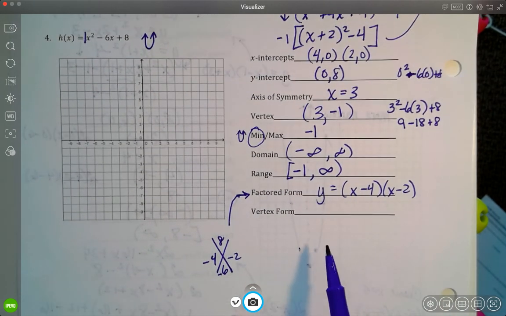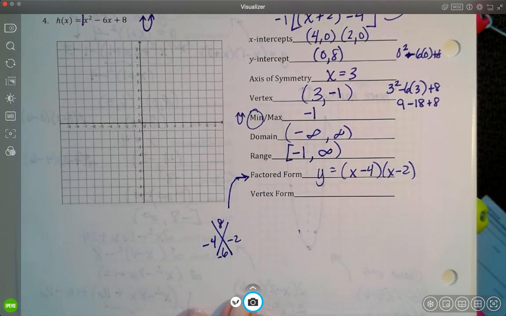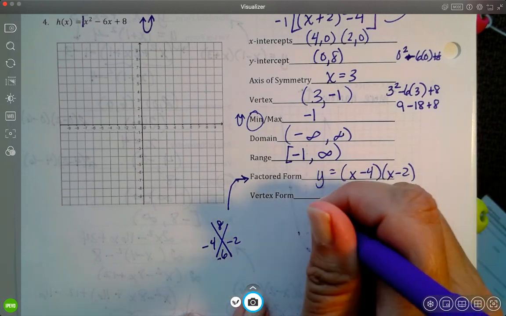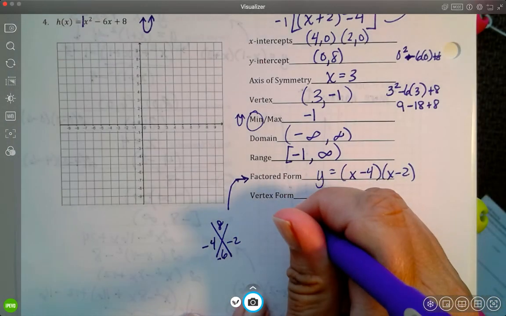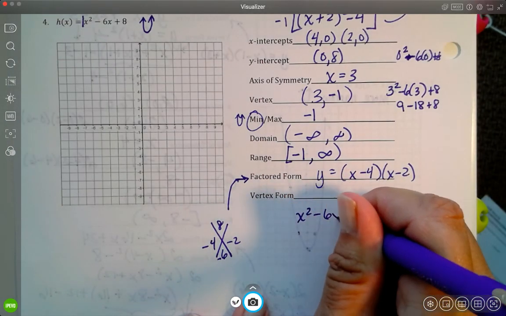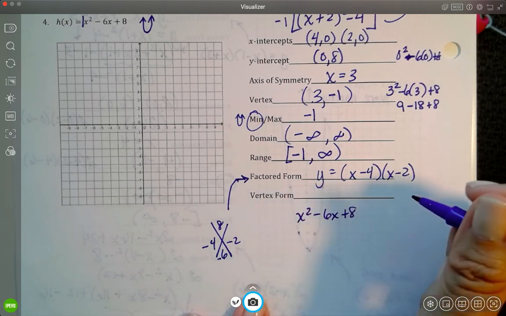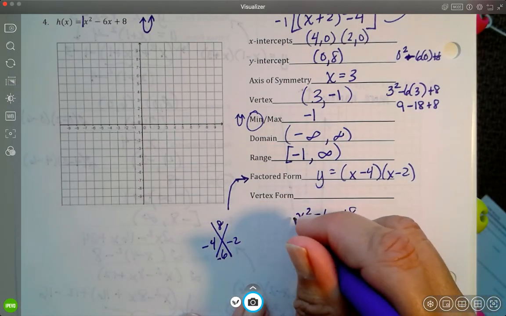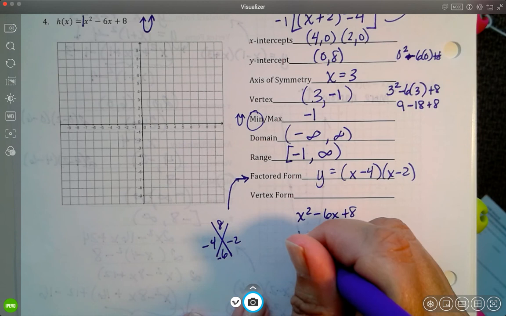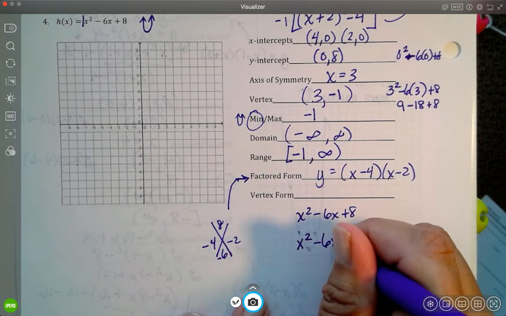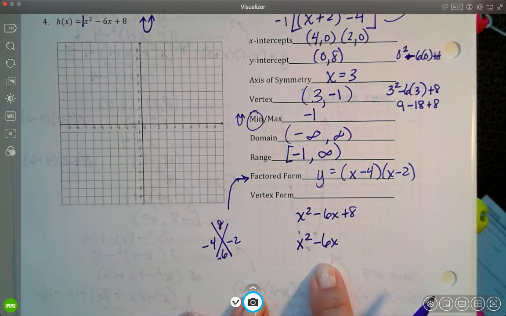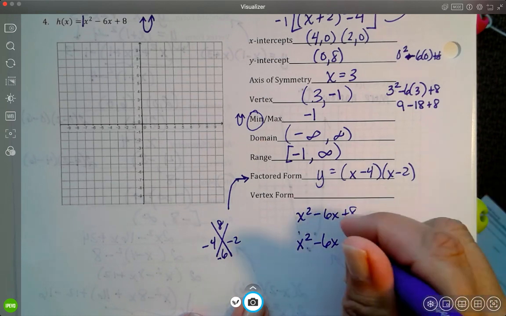So I think the easiest way to find vertex form is to start with standard form. So I'm going to go back to my standard form, x squared minus 6x plus 8. I already have a as 1, so that's good. So I'm going to start with x squared minus 6x. Half of -6 is -3. Square it, and you get 9.